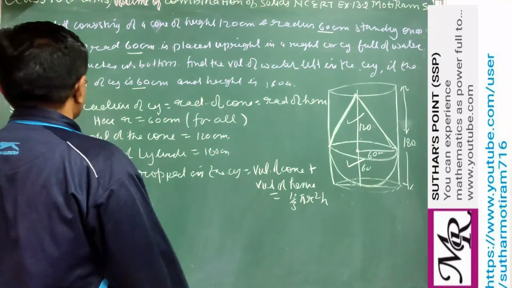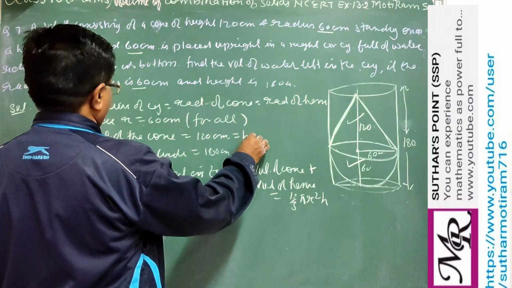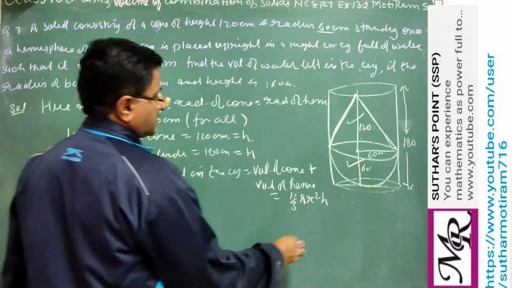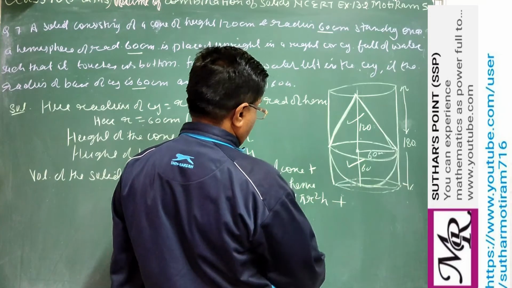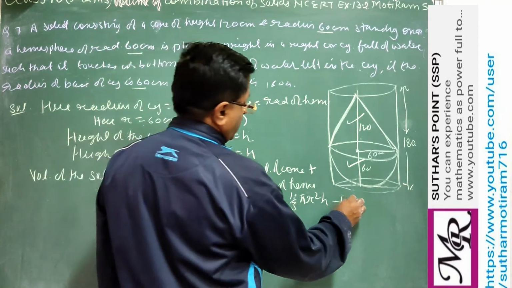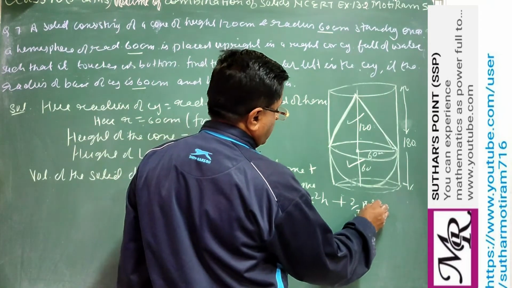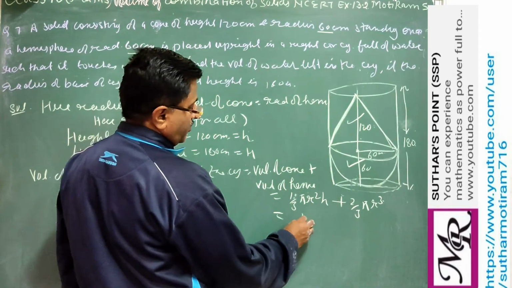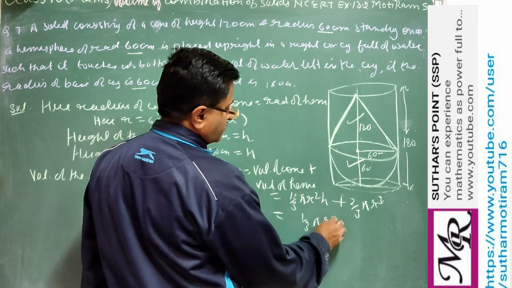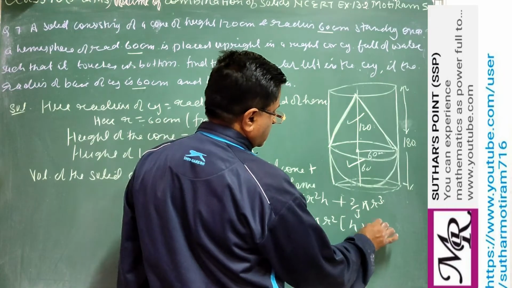Clear? So the height of the cone we are taking as h, and the height of the cylinder as capital H, plus the volume of the hemisphere, that is 2 by 3 pi r cube. So you may take 1 by 3 pi r square as common: h plus 2r.